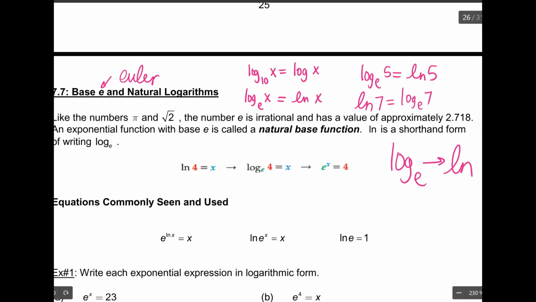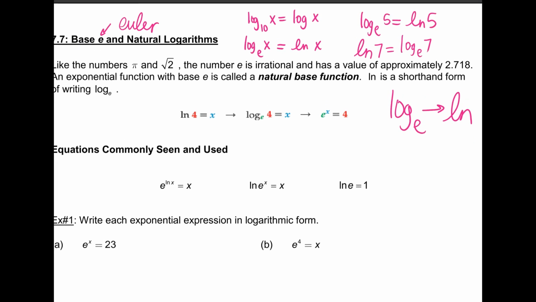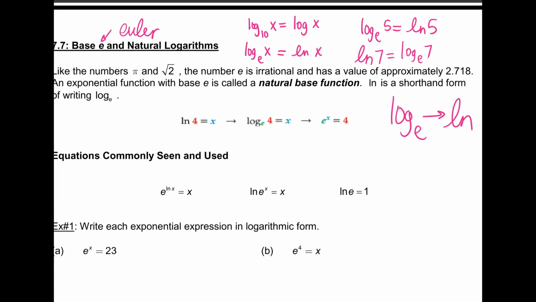Zoom out just a tad. All right, equations commonly seen and used. Keep in mind, log base 5 of 5 to the x power, I'm just left with x.